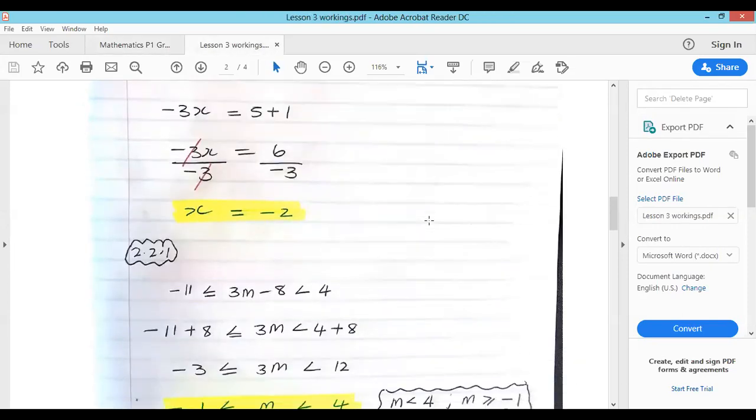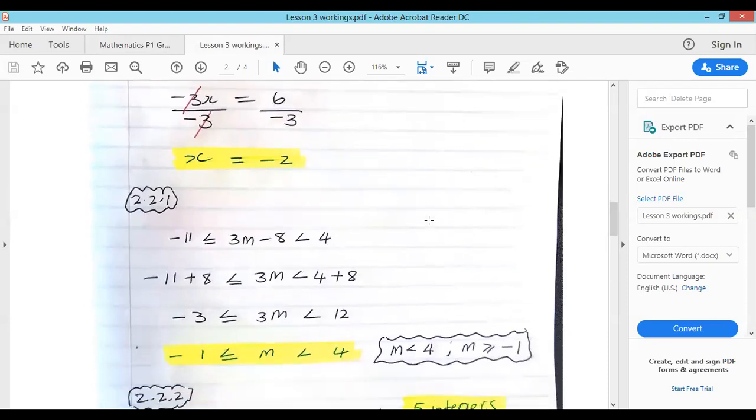Let's solve for m first. Now, when we solve for m, boys and girls, you were given negative 11 less than or equals to 3m minus 8, less than 4. Now, remember the question said solve for m. You're supposed to transpose 8 on your left side and on your right-hand side, right?